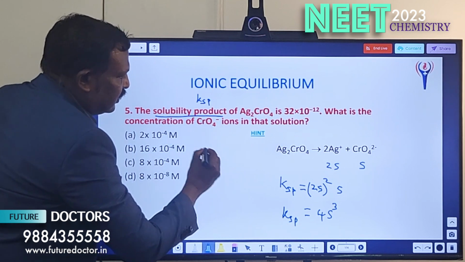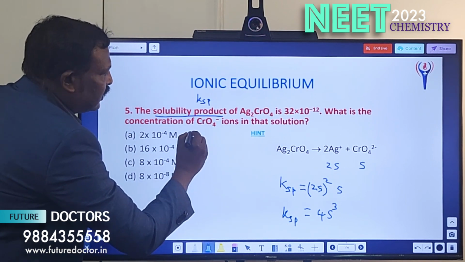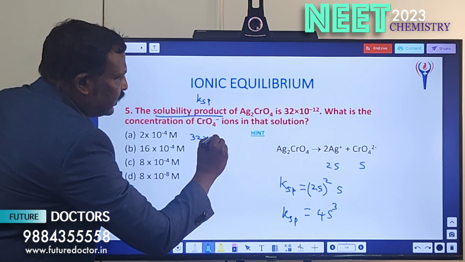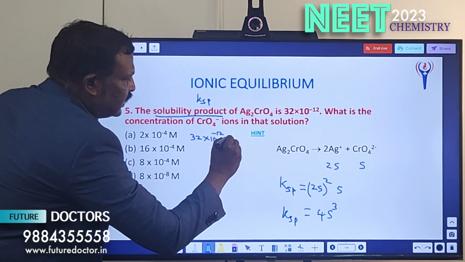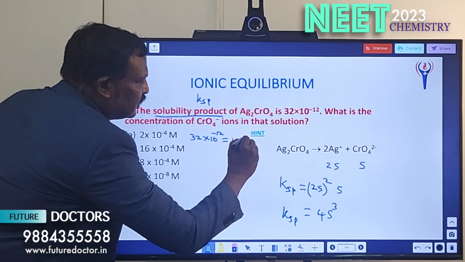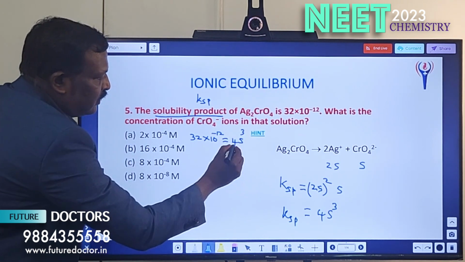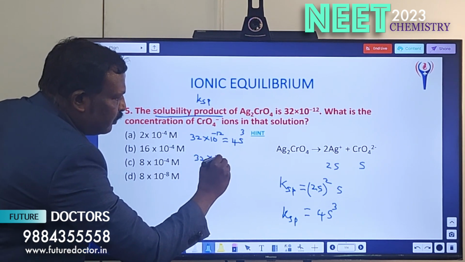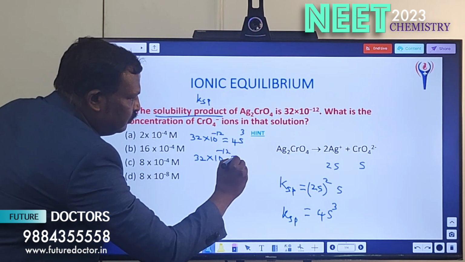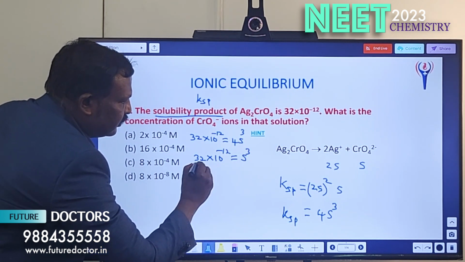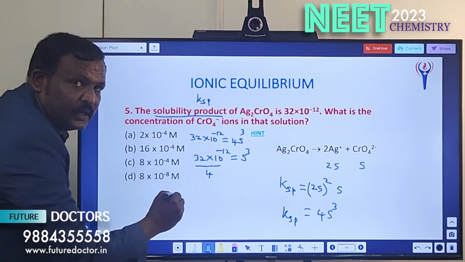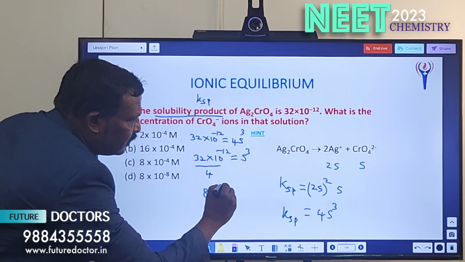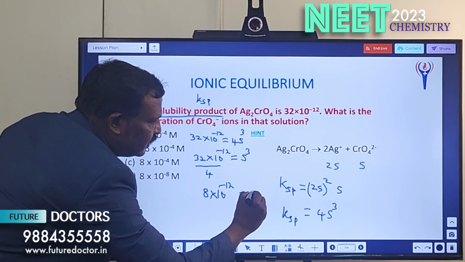Ksp is 32 into 10 power minus 12, which is equal to 4s cube. Understood? When 4 goes to the other side, 32 into 10 power minus 12 by 4 equals s cube. Simplify this: 8 into 10 power minus 12 is equal to s cube.